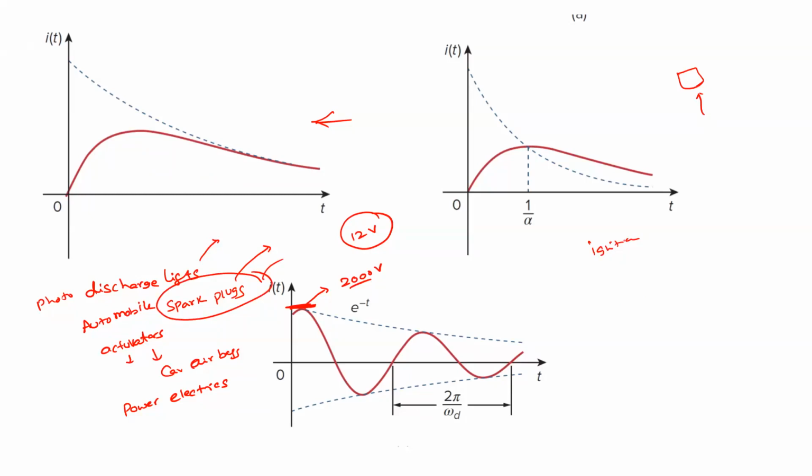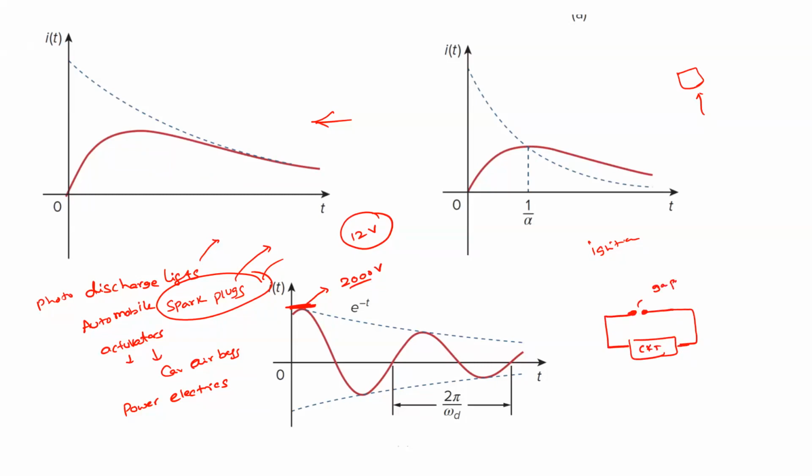To fire that, you require some high voltage. So how is that high voltage obtained? We have some spark plugs here, and some circuit will be there. Two terminals, or two electrodes, will be there, and between these two electrodes there will be some air gap.